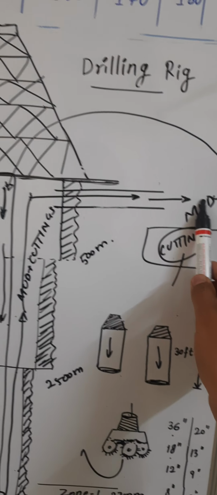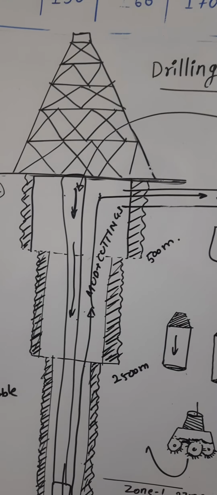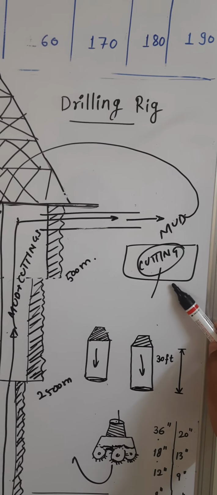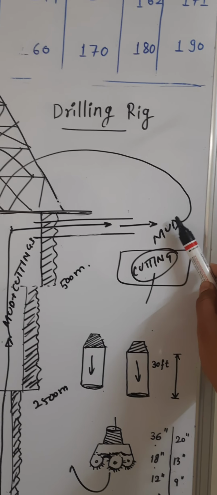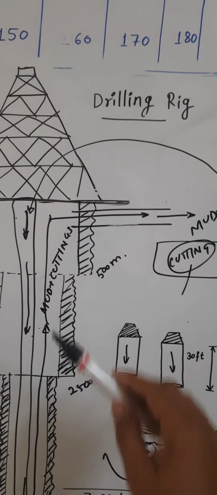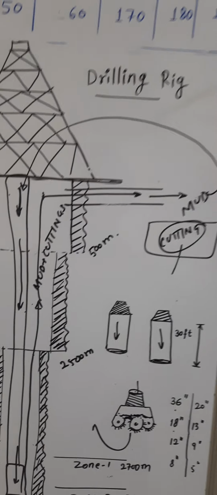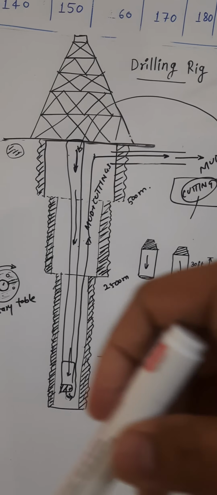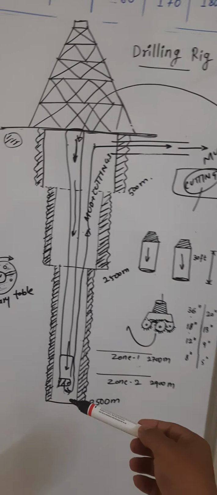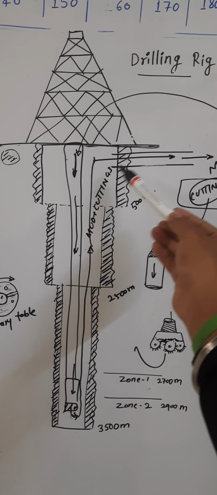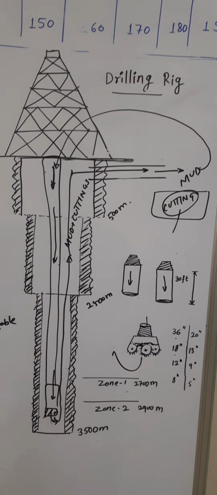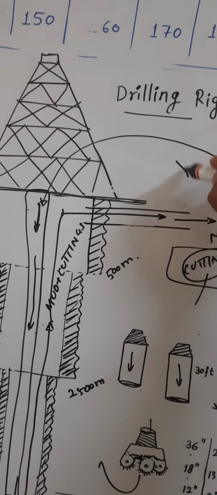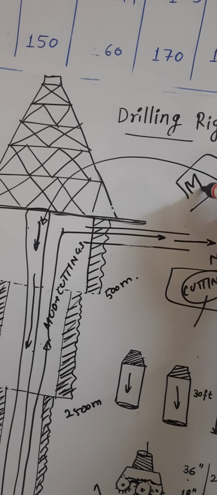We are circulating mud; when it comes back as mud plus cuttings, we separate them, and the mud is recirculated into the system, hence our hole will always be clean. Whatever cutting the drilling bit generates will come through the annulus and get separated, and the mud will circulate. For this circulation, we use pumps called mud pumps.